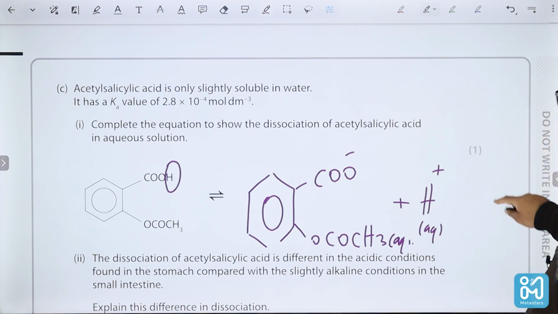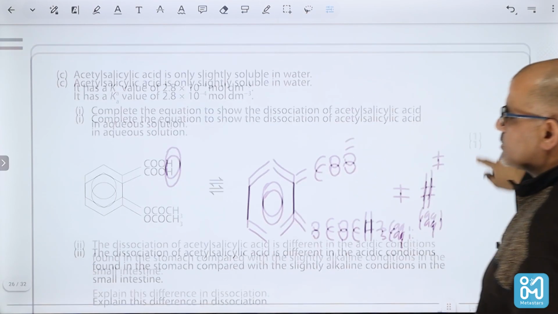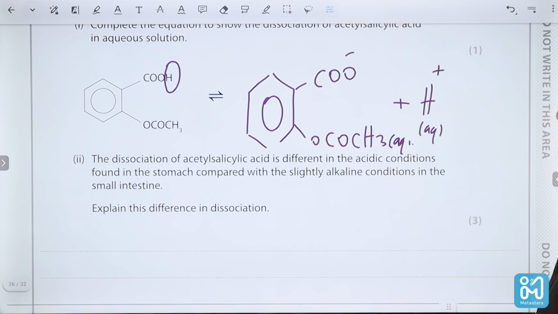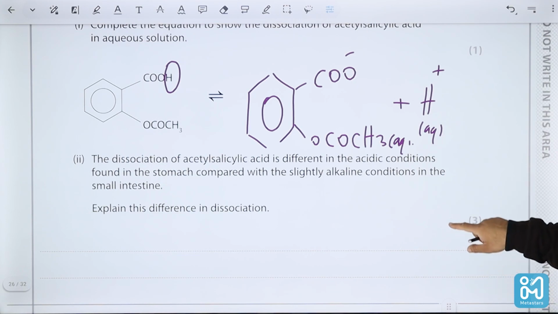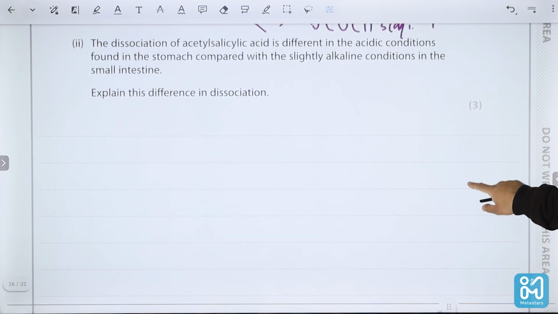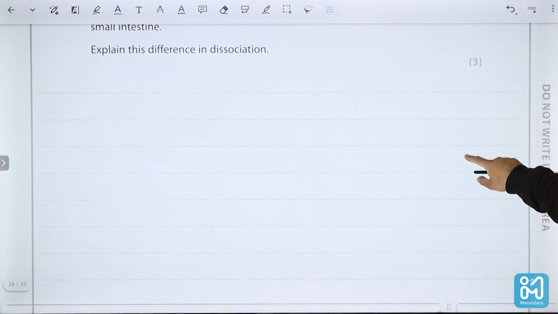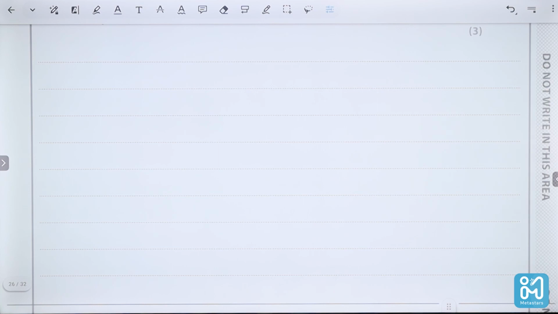Okay? Now, the next part of this section: the dissociation of acetyl salicylic acid is different in the acidic conditions found in the stomach compared with the slightly alkaline conditions in the small intestine. Explain this difference in dissociation. Okay. The stomach solution is highly acidic.